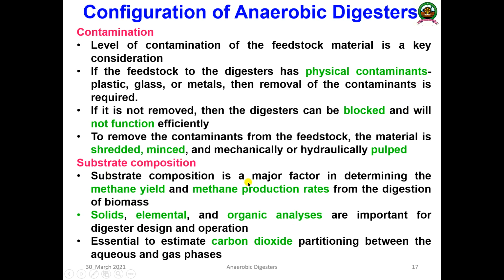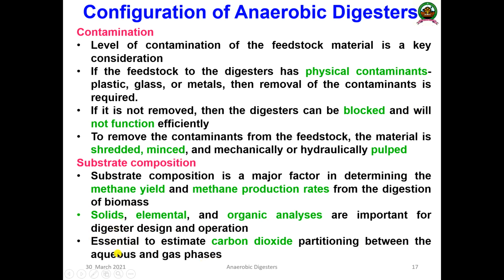The substrate composition is a major factor in determining the methane yield and methane production rate from the digestion of biomass. So the substrate concentration is one of the important aspects for the production of methane gas, the rate of production and the methane yield. Solid, elemental and organic analyses are very, very important for determining the substrate concentration.